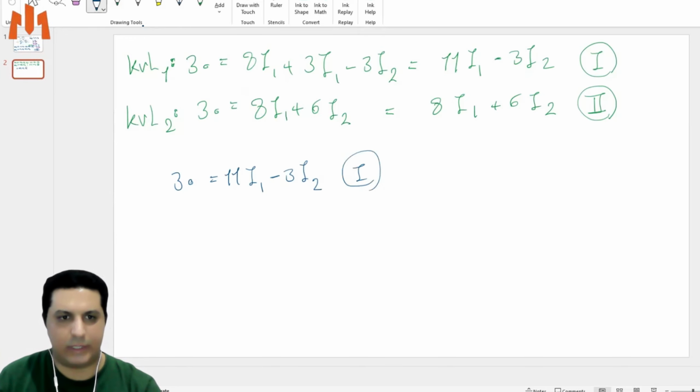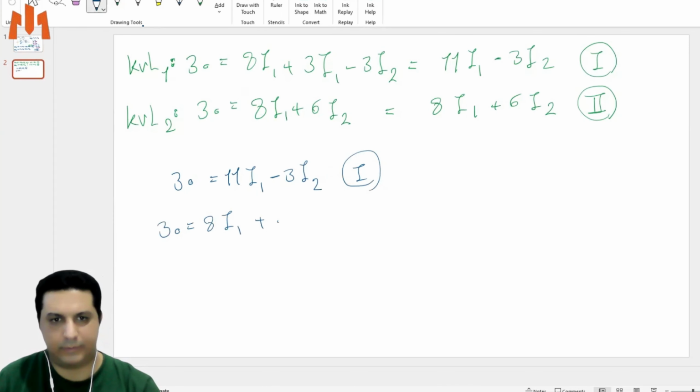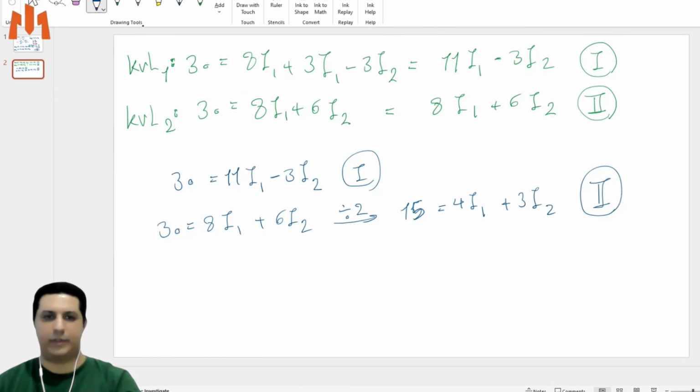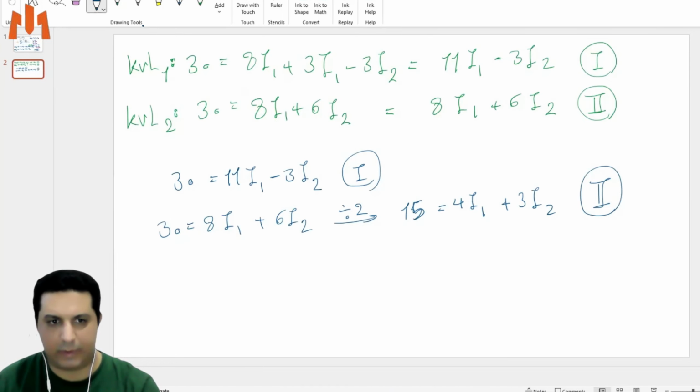The second equation is this. If I divide it by 2, this is 15 equals 4I1 plus 3I2. This is the second one. So right now we have two equations. I will write them here again.